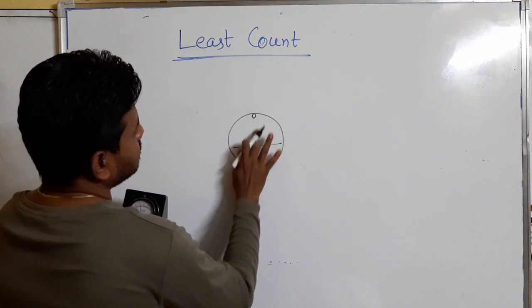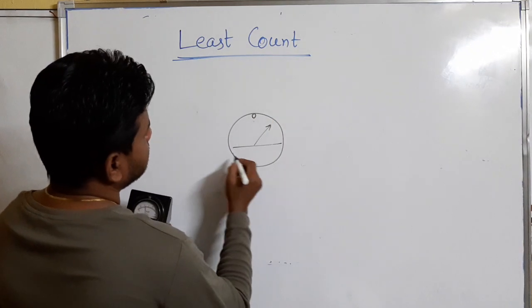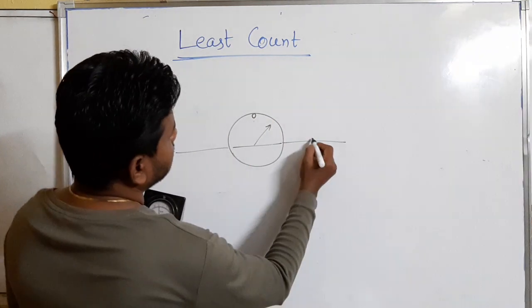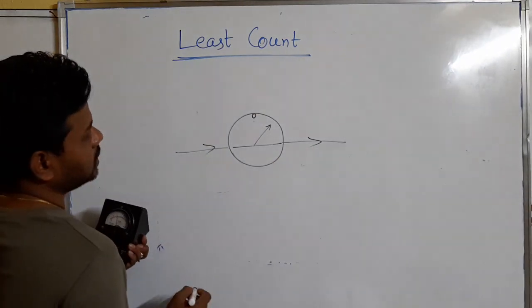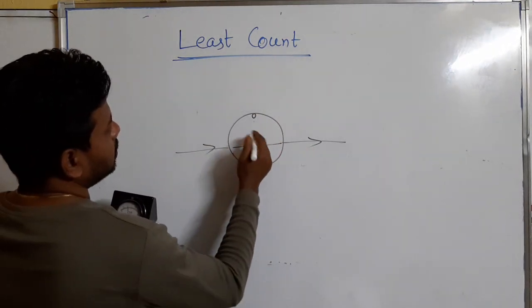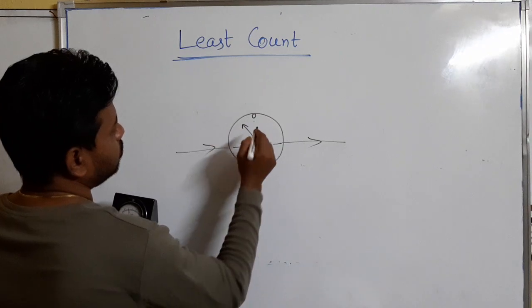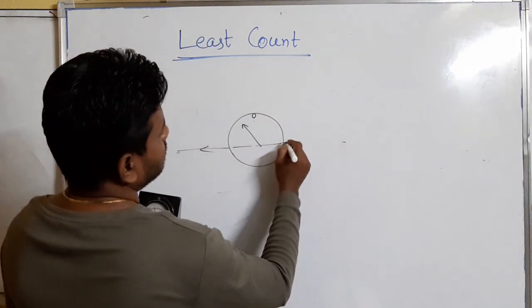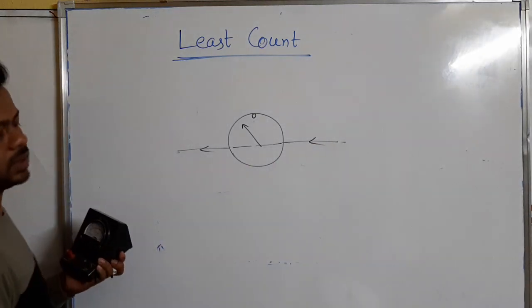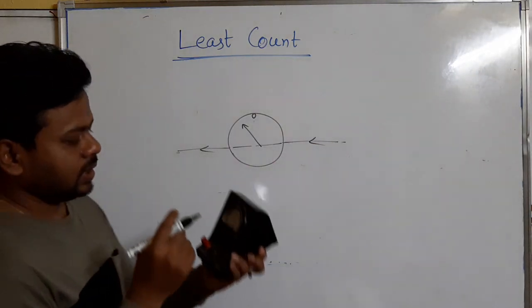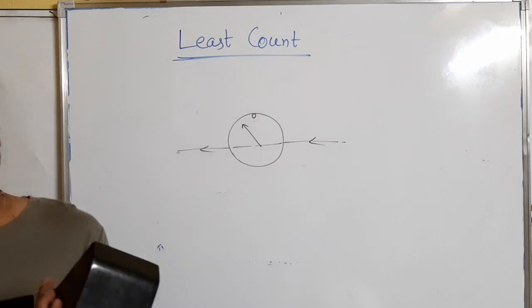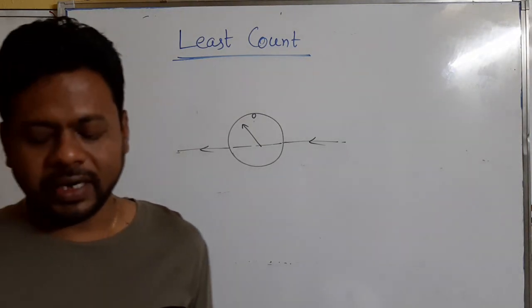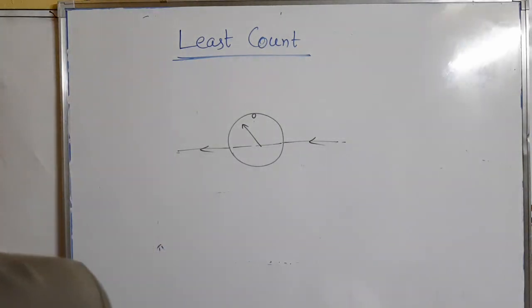If it is deflected towards the left side, then the current direction will be right to left. That's why it is used for finding out the direction of the current.